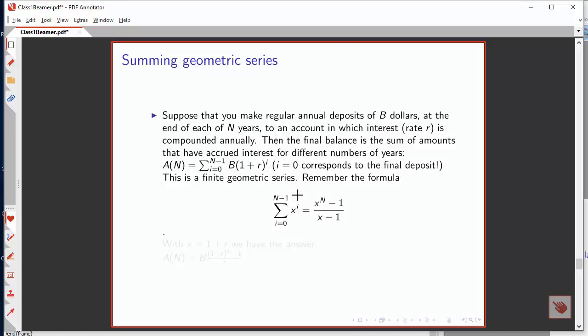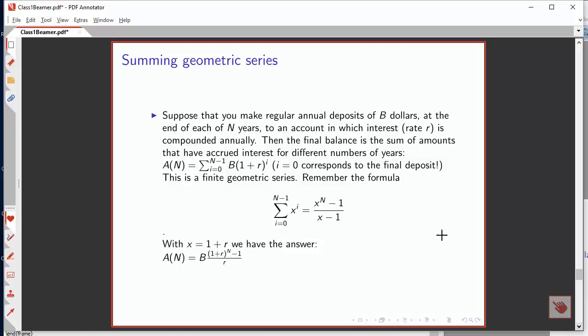This is a finite geometric series, and the relevant formula is that the sum of x to the i from i equals 0 to n minus 1 is x to the n minus 1 over x minus 1. If you want a little practice in doing proof by induction, you might try proving this formula for yourself.